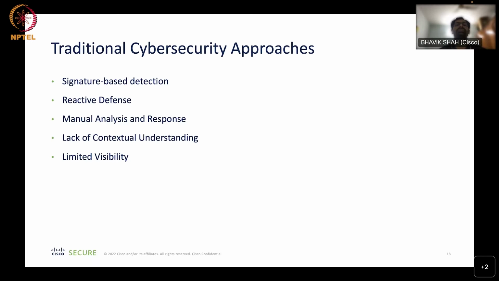In a traditional cybersecurity approach, signature-based detection works in an intrusion prevention system, on the application layer. In our OSI layer model, you would be aware of layer 4, the transport layer, which is TCP and UDP.